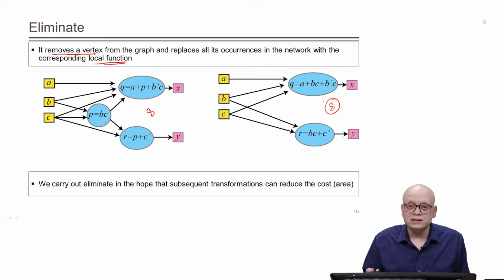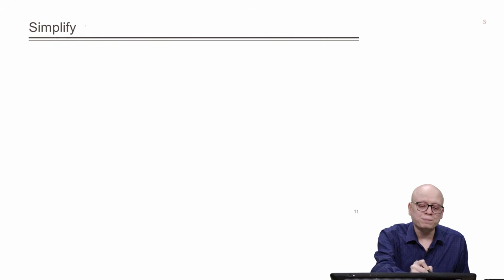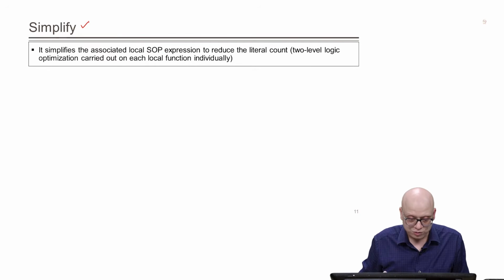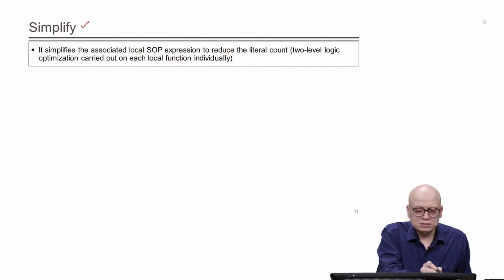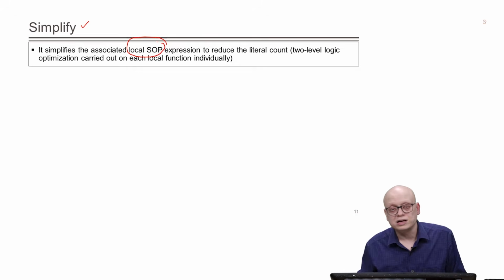And what can that later transformation be? That later transformation can be simplify. So in simplify, we basically simplify the associated local sum of product expression, right.